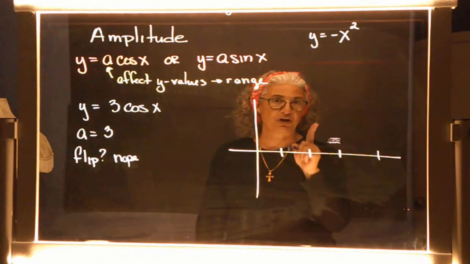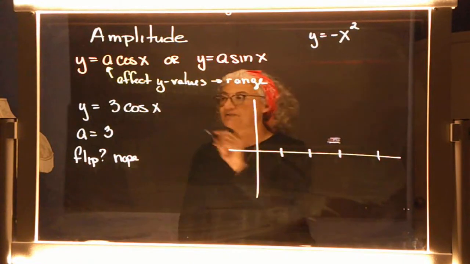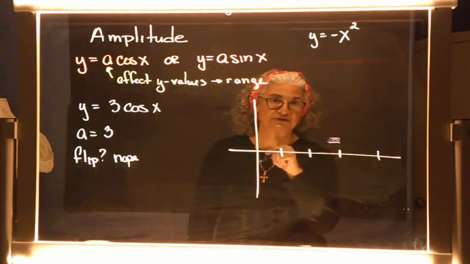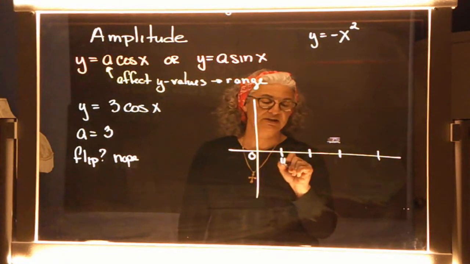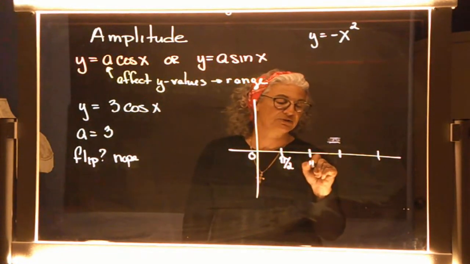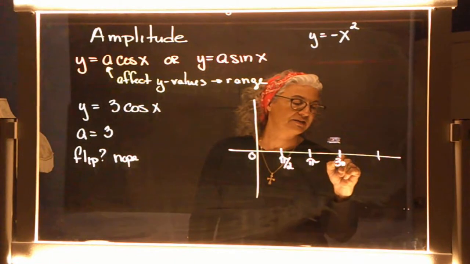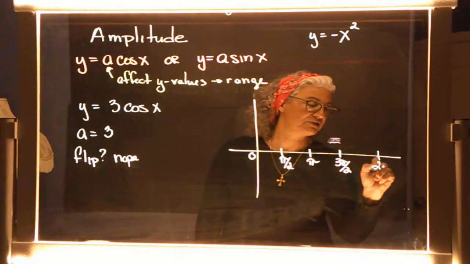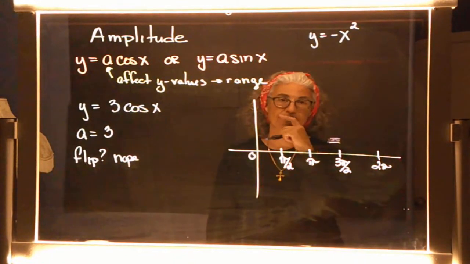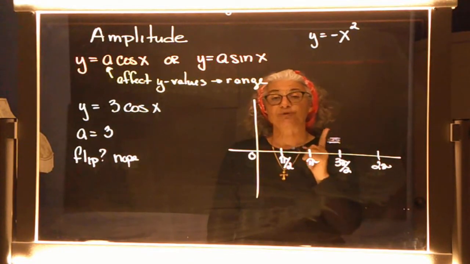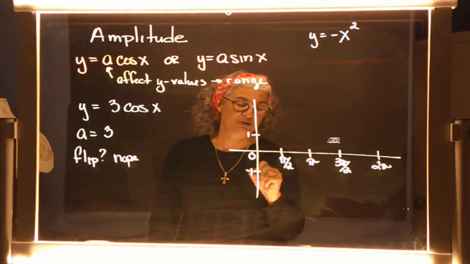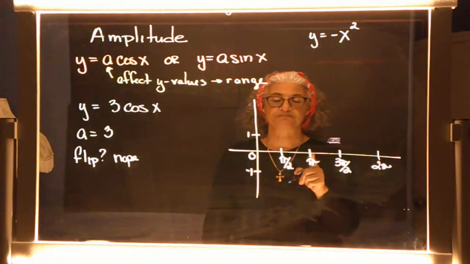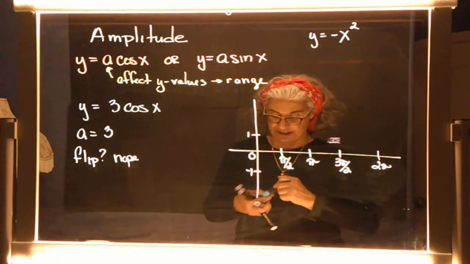Since the x's are not affected, that means there's no left and right shift, which means I'm still going to start at 0 radians, and then pi over 2, and then pi, and then 3 pi over 2, and back to 2 pi. Right? Okay. My range was a -1 to a +1. Agreed? All right, so let's take a look at this one.